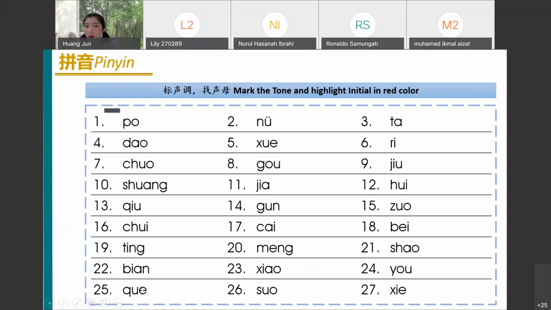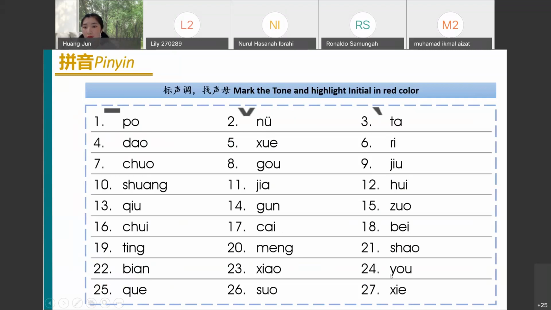Don't need to care about the meaning. I only need you to find the correct letter and mark the first tone on group 1. Then for the second group, you mark tone number 3. Then for group 3, you mark tone number 4.